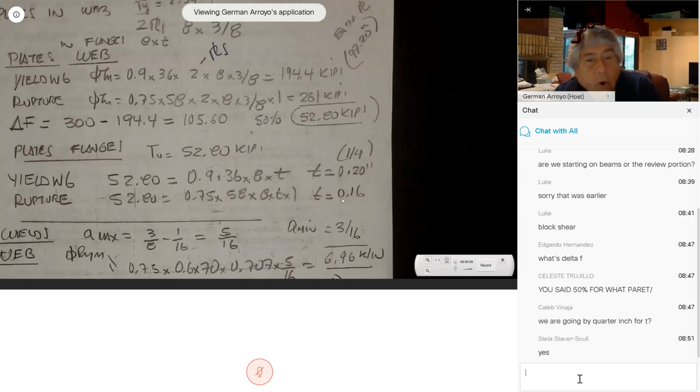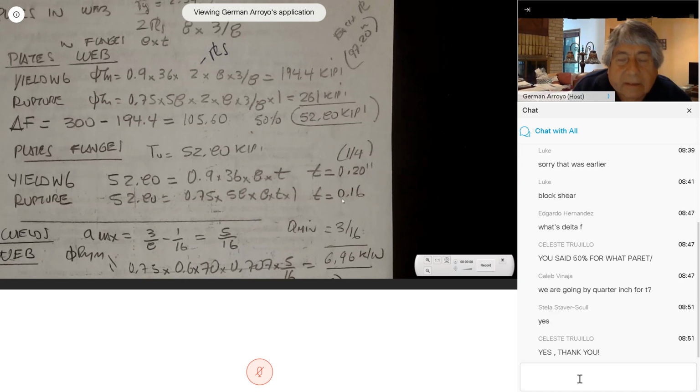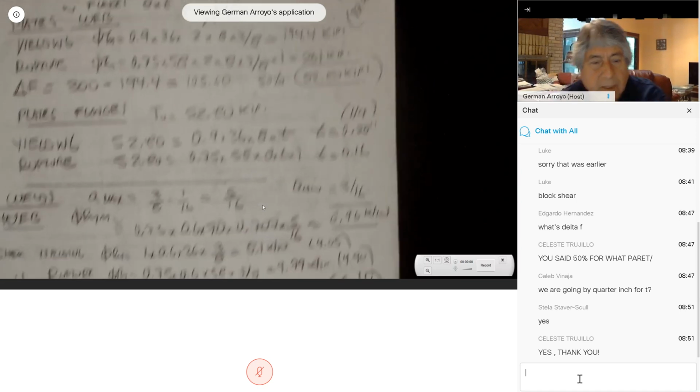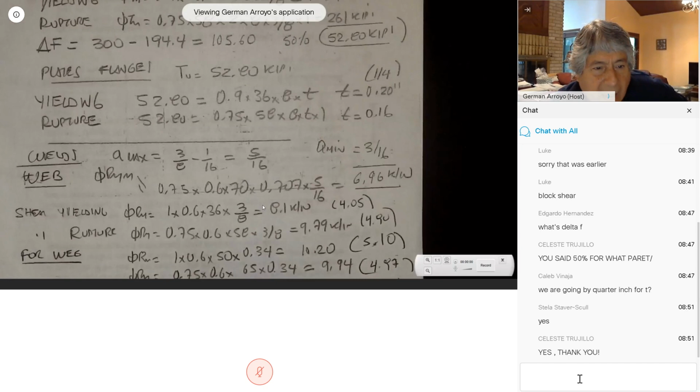Okay. Yeah. So now we do know that the dimension of the plate on the flanges are going to be 8 inches by a quarter inch. So now I'm going to do the weld. And I did the maximum.